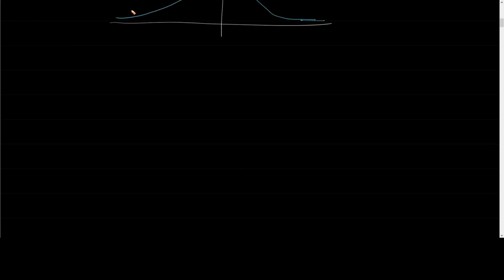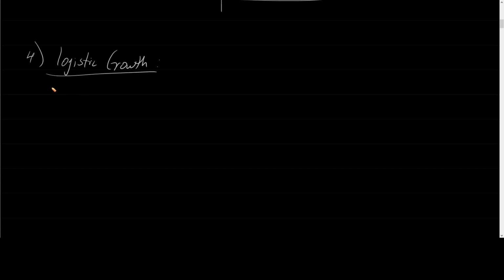Another that's exponential or logarithmic. Let's look at logistic growth. All right. And logistic growth is similar to a logarithmic function, sort of. It looks like this. It's y is equal to a over 1 plus be to the negative rx. All right.